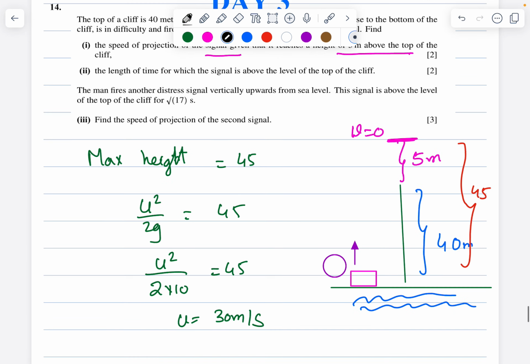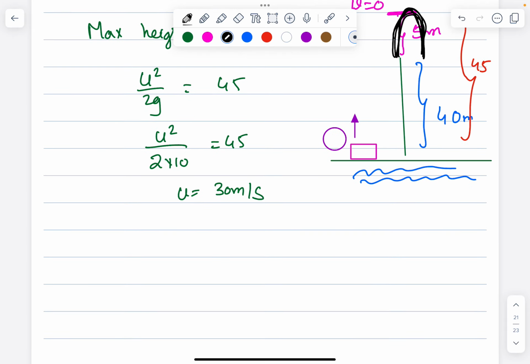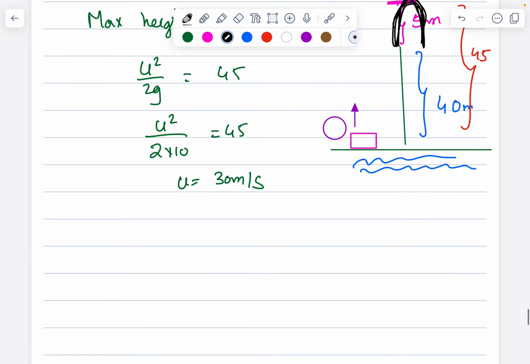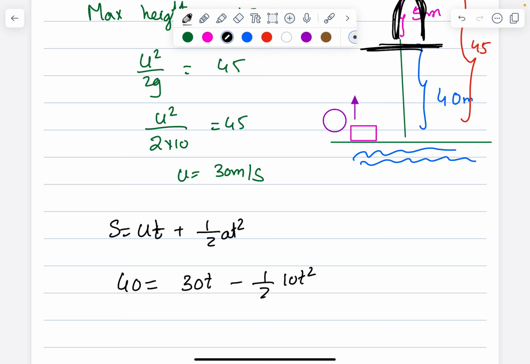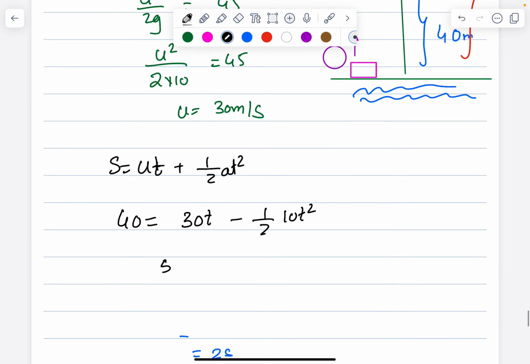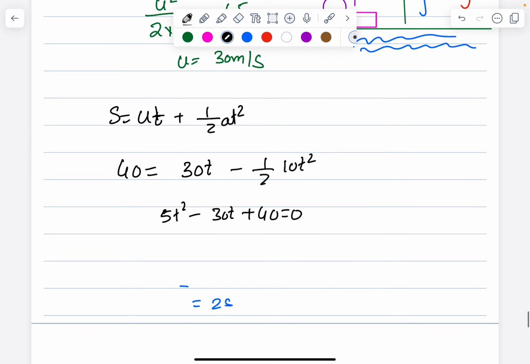Next, what is he asking? Find the length of time for which the signal is above the top of the cliff. So what am I going to do? I am going to find at what times it is at 40 meters. So s equals ut minus half g t squared. 40 equals 30t minus half g t squared, which gives a quadratic equation 5t squared minus 30t plus 40 equals 0.